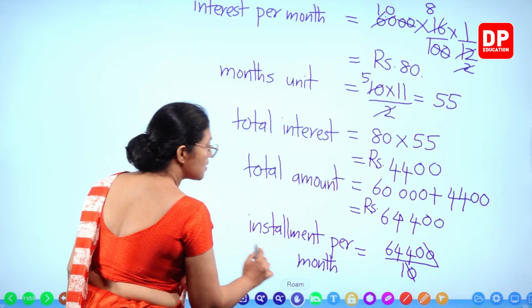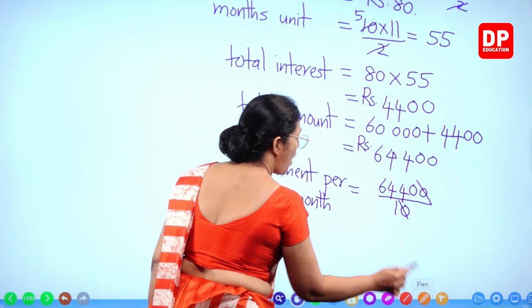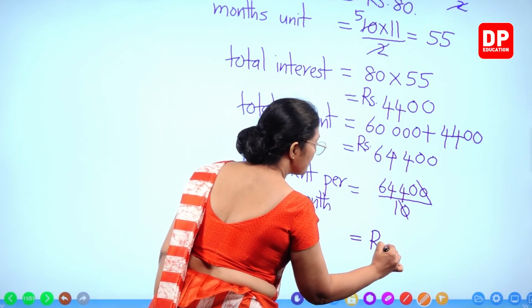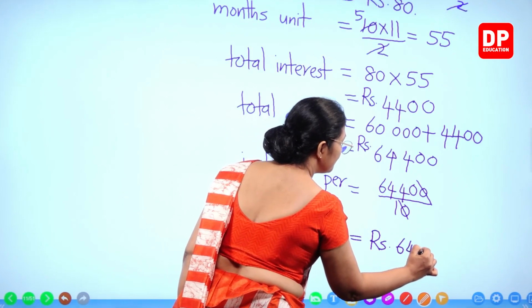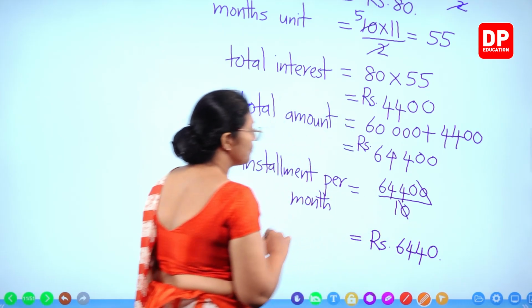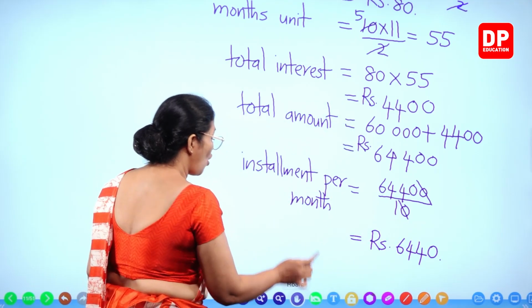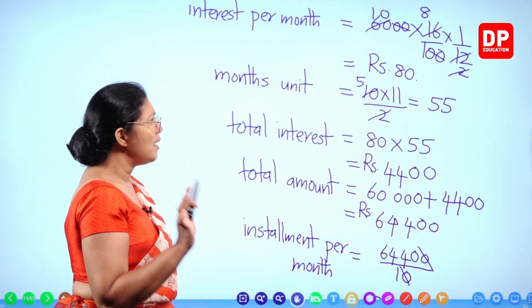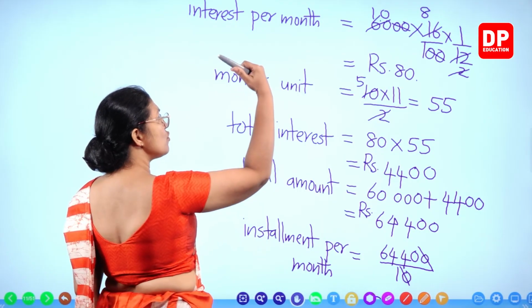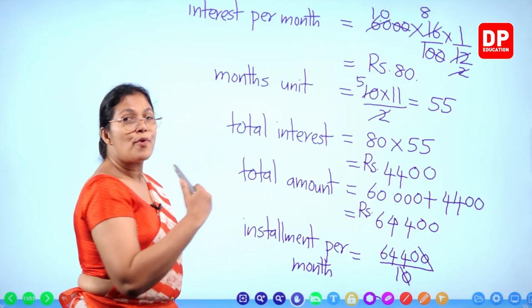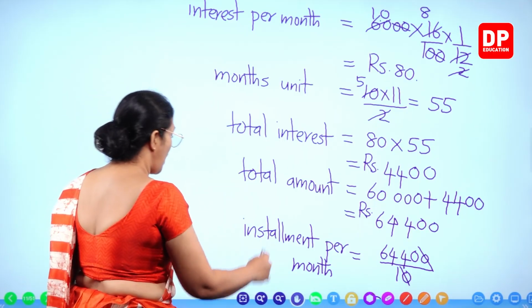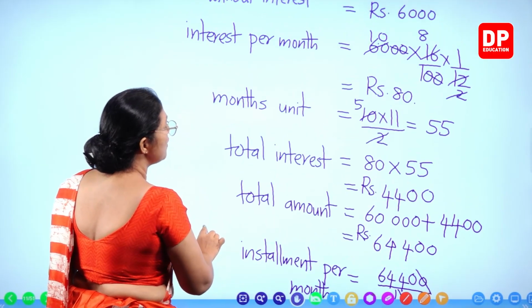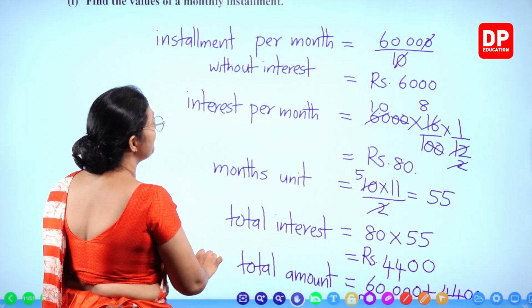You get 6,440 rupees. So here you have not given several parts, just they asked to find out the monthly installment. So you have to know the process. So all these parts are important to get the final answer.